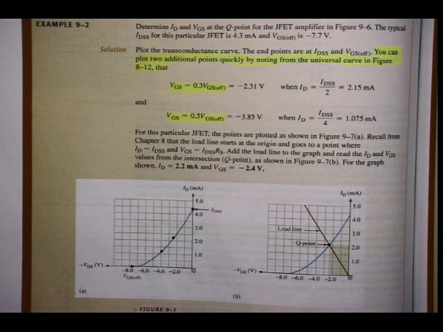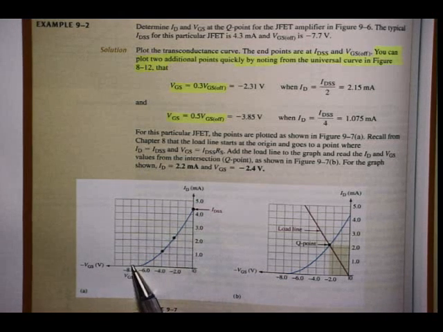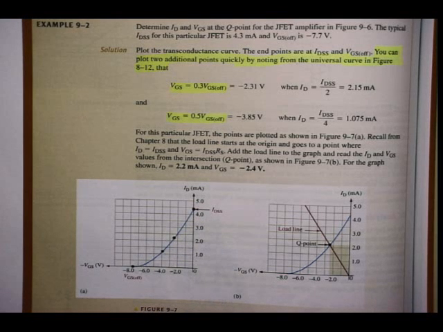In this case I want you to underline, because this was a shortcut that you also can use for this type of problem. It says there the endpoints that are at IDSS and VGS off, as you know. If I look at the curve here, I know that I can already plot those 2 points, either given or I get it from the data sheet.